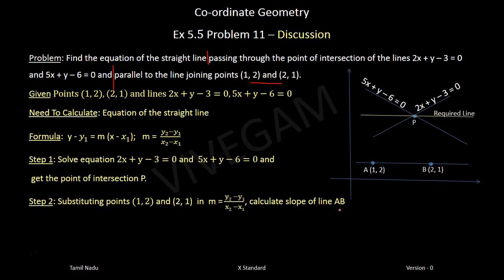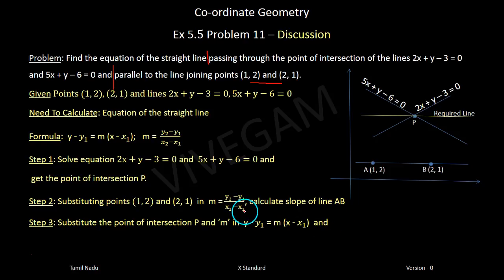Now the required line will have the same slope, because parallel lines have the same slope, and we also have 1 point P on it. So use the slope point form: y minus y1 equal to m into x minus x1, where m is the slope of AB and (x1, y1) is the point of intersection.